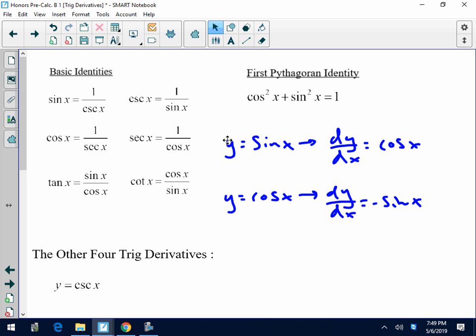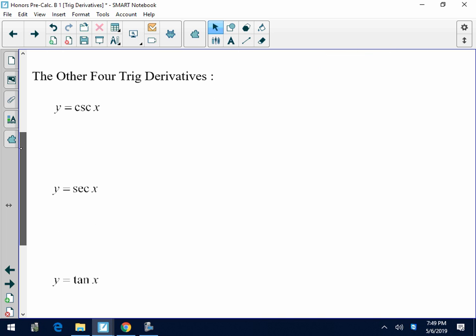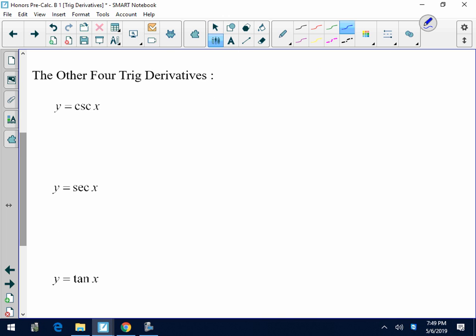So right here we'll start out with cosecant, and we know that cosecant can be represented as 1 over sine x. Now from here, we can take the derivative with the quotient rule. So right here we can say that our dy dx is going to be our u prime times v.